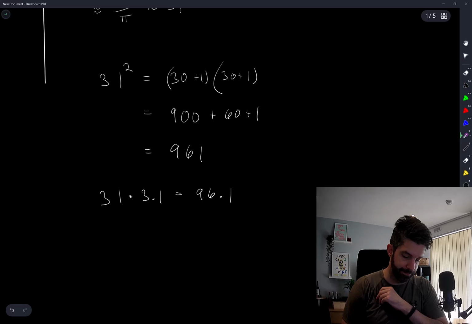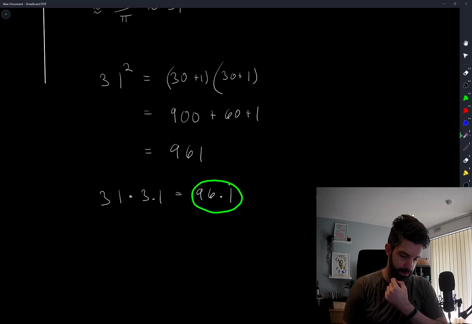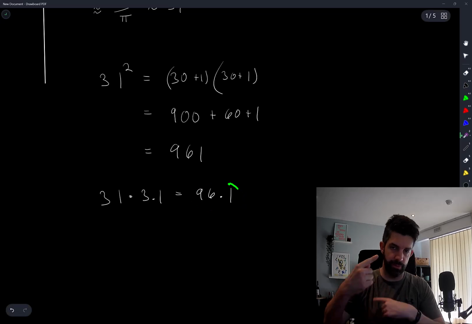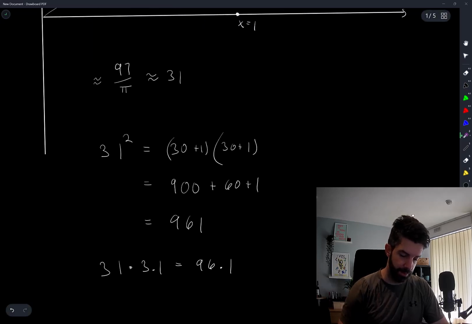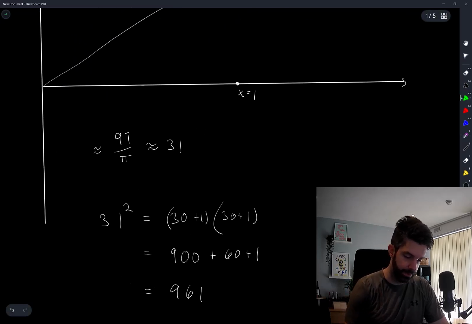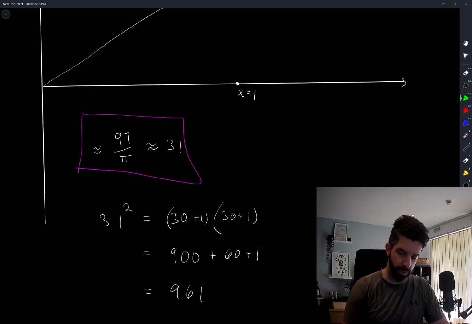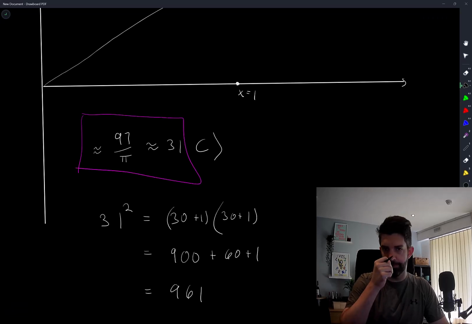And then going from 96.1 up to 97, that's not going to count another whole value of pi. So I'm pretty confident here that the answer is going to be 31, which is option C.